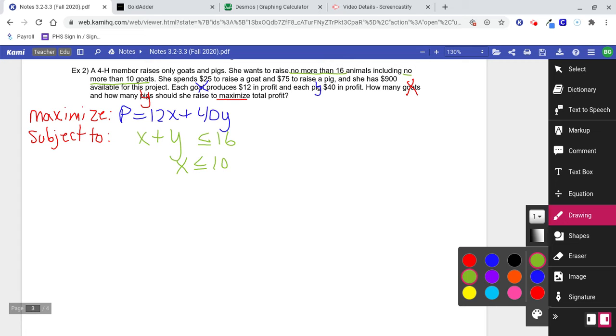And a limitation is an inequality. She can only spend less than or equal to $900. And so if you think about it that way, it was 25 for a goat and 75 for a pig, X and Y. That's going to be 25X plus 75Y is less than or equal 900.